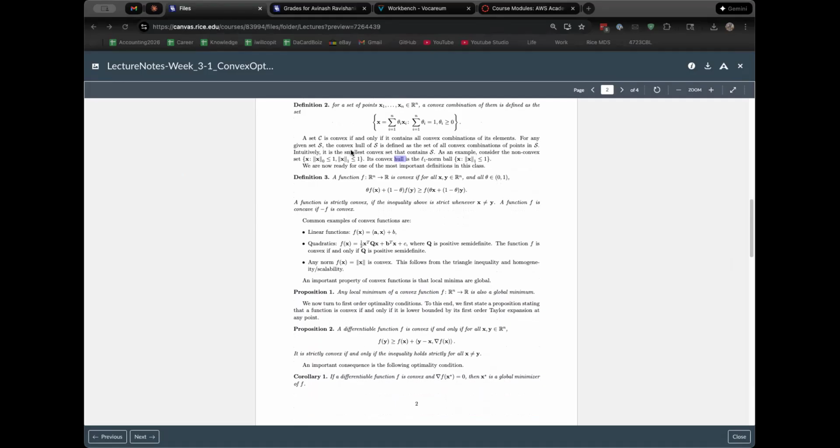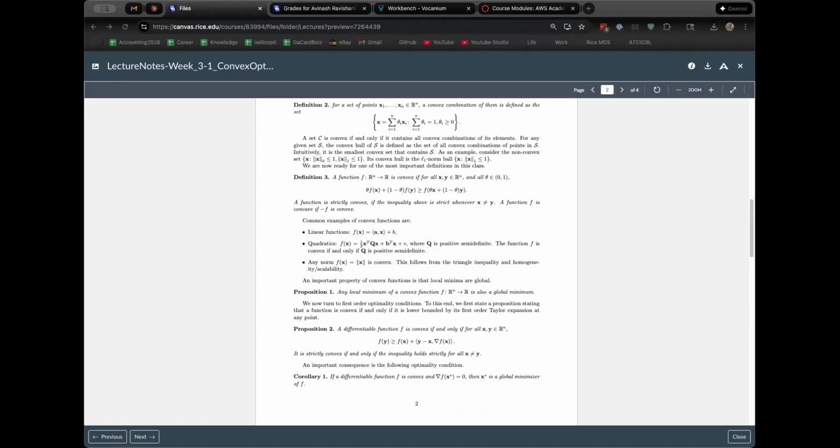Okay, so that definition checks out: convex combination, convex hull, L1. What is the L1 norm ball? The different norms have different definitions of what a set would be.